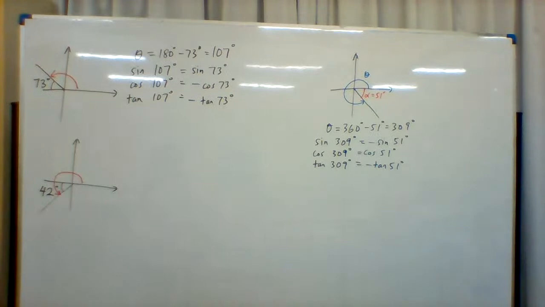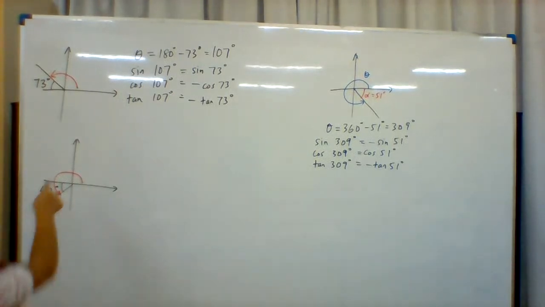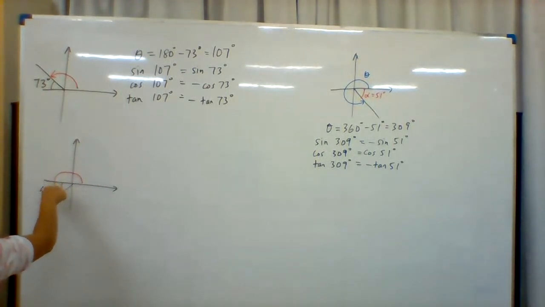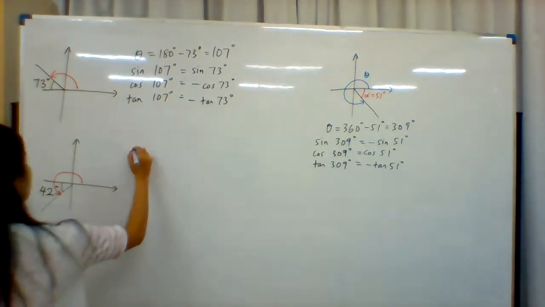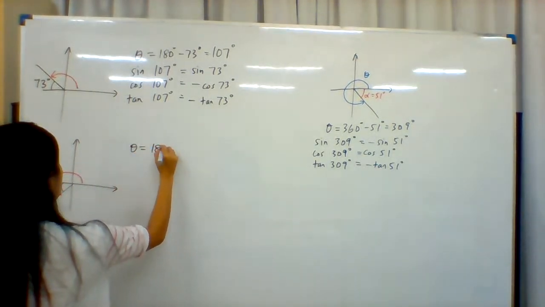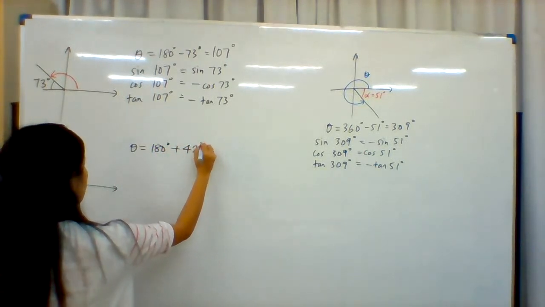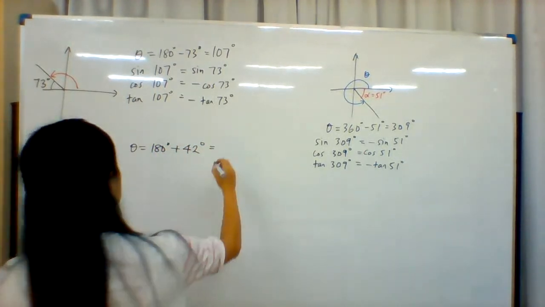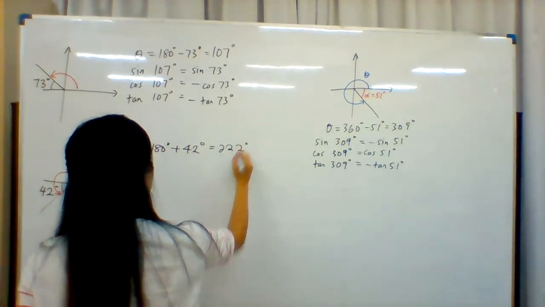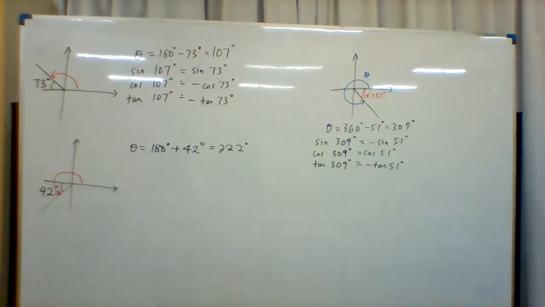Okay, and then the next angle, it is in the third quadrant. So third quadrant, you have to take 180 plus your basic angle, correct? Because this is the straight angle, and then you have 42 here. So in order to get your theta, you have to take 180 plus your basic angle. Right?